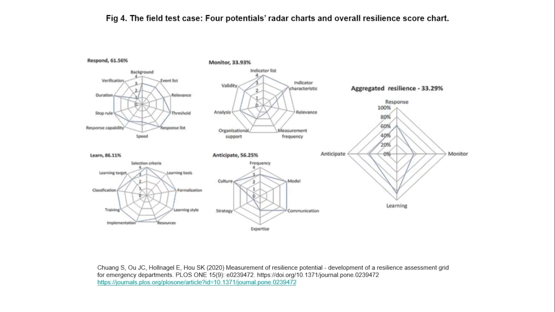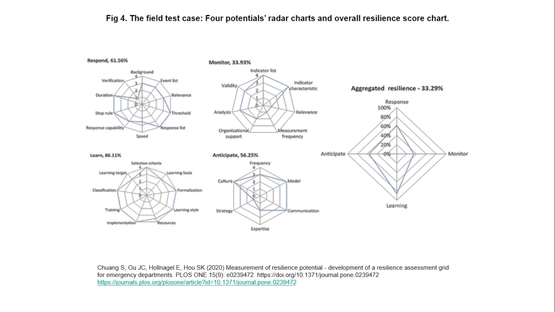And then they did that with all the other potentials. They did it for all 4 potentials: responding, monitoring, anticipating, learning. You can see there's a percentage associated with the area within that border based on what the maximal score would be and the score they derived. Then they aggregated that to come up with a score for aggregated resilience, if you will.